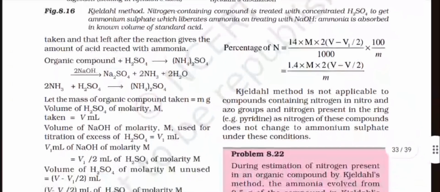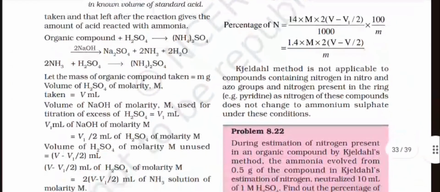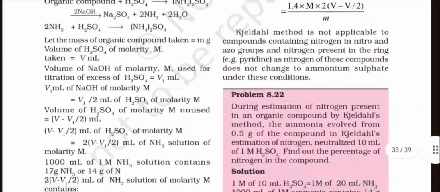Reactions: organic compound + H2SO4 gives (NH4)2SO4; (NH4)2SO4 + 2NaOH gives Na2SO4 + 2NH3 + 2H2O; 2NH3 + H2SO4 gives (NH4)2SO4. Let the mass of organic compound taken be m g. Volume of H2SO4 of molarity M taken is V ml. Volume of NaOH of molarity M used for titration of excess of H2SO4 is V1 ml.